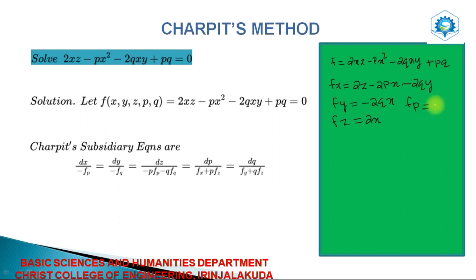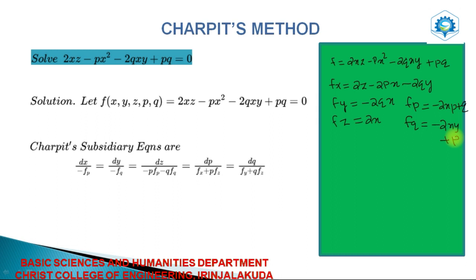Fp is actually minus 2xp plus q, and fq, we have two terms containing q, it is minus 2xy plus p. So these are our required partial derivatives.